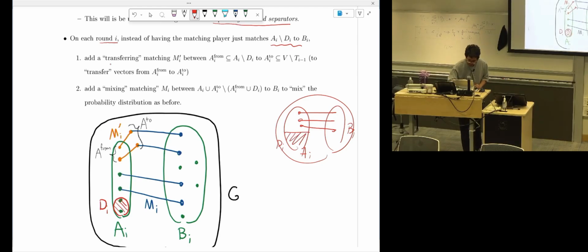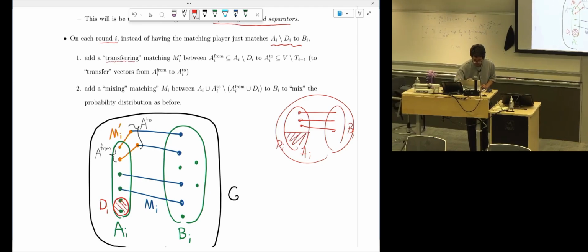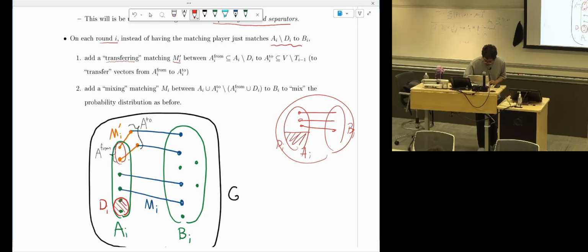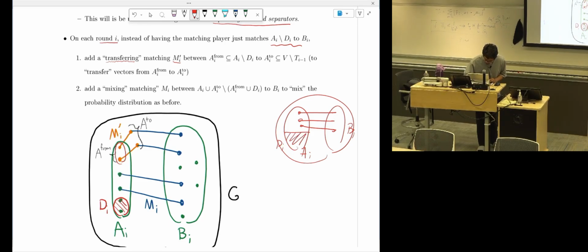So imagine that we just add this thing that we call transferring matching, M_i prime, which is going to move something in A_i from to A_i2. So I choose the part that is active, A_i from, and the part that is not active, A_i2.